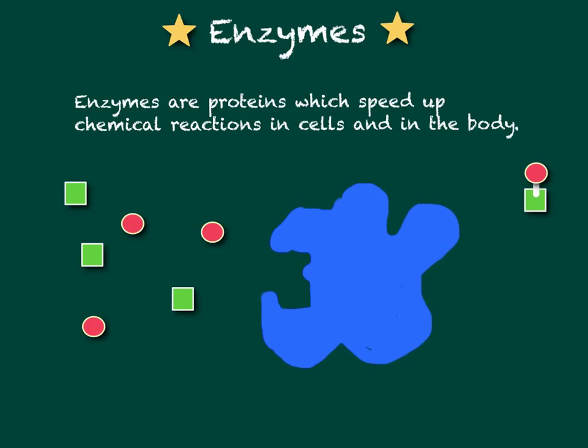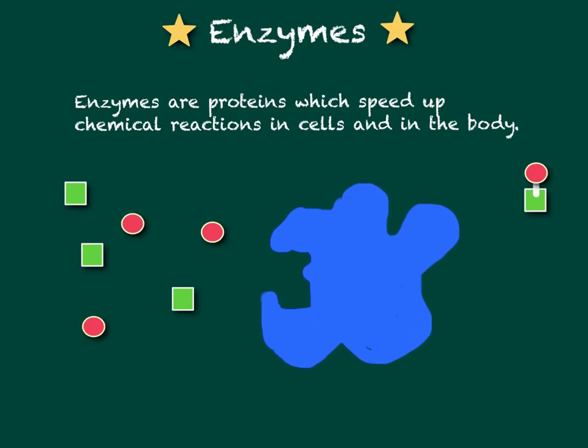I'll try to show this in a picture here. Supposing the cell needs this compound, which is made up of 2 smaller molecules joined together, and these 2 smaller molecules are found in the cell, but the enzyme, which is shown here, has a function of joining the molecules together to make the product here.